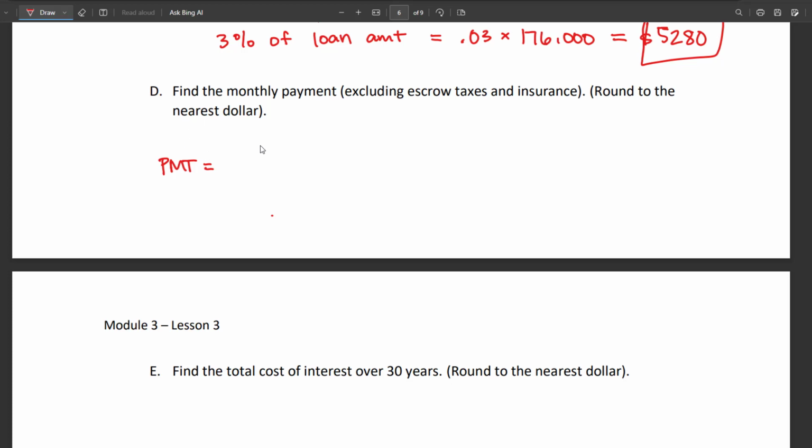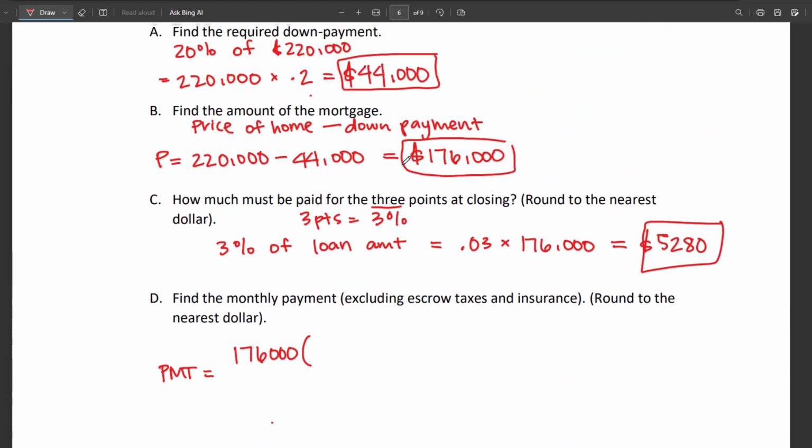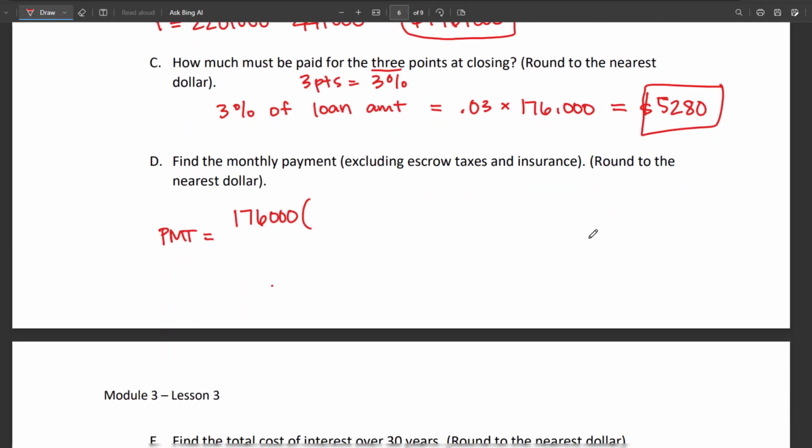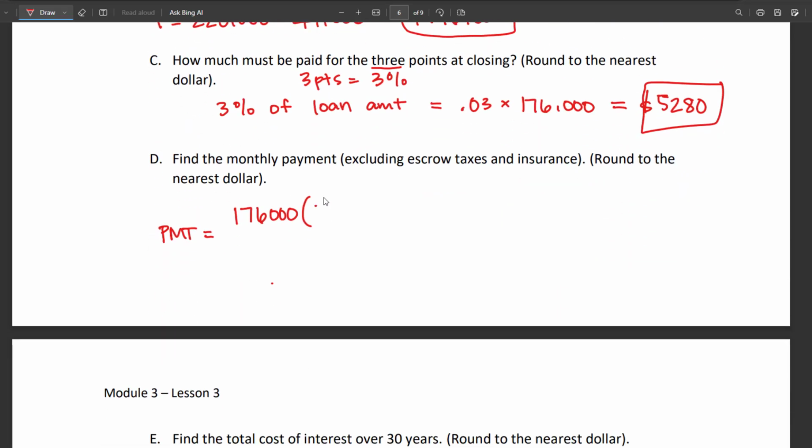For our payment amount, we're going to use that same formula. We're getting the loan for $176,000. The interest rate is 7%, and that is a fixed rate for 30 years. Make sure that you are getting a fixed rate. Sometimes certain institutes will give you a really low interest rate, but then you'll have a huge balloon payment after so many years, and it could be like a $70,000 payment.